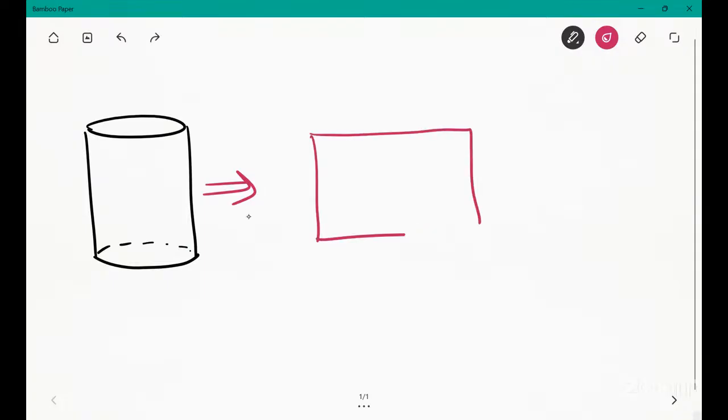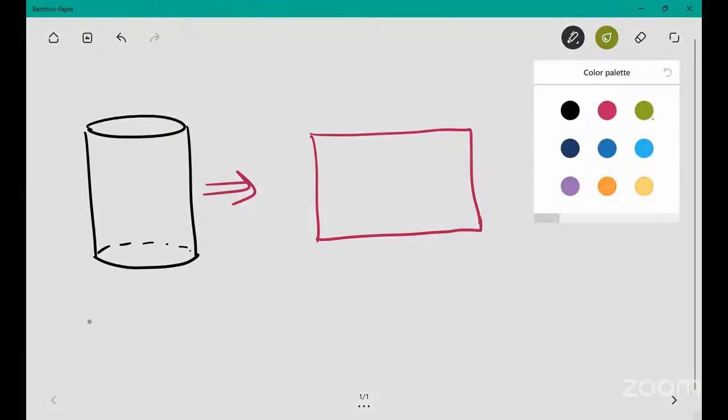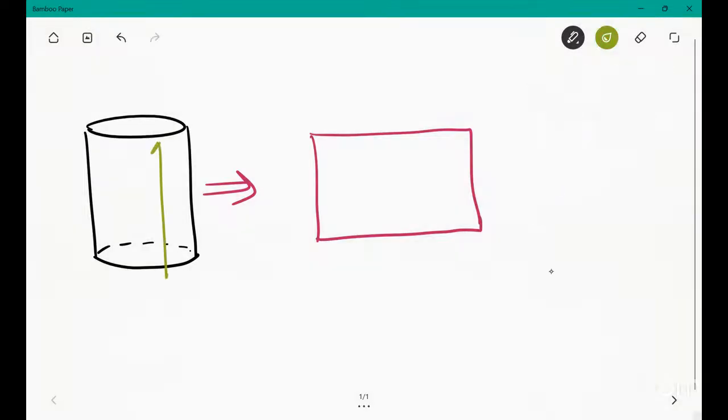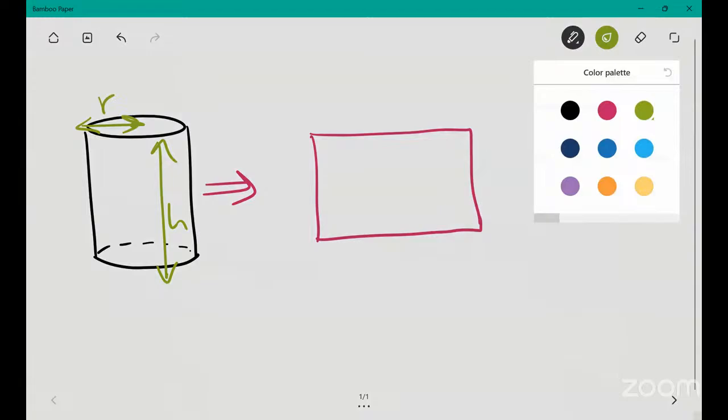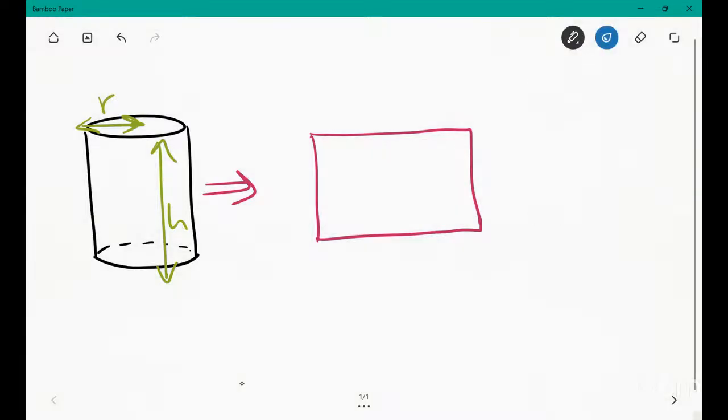So then to get the area of this, if I mark my height as h, and if I have the radius as r, remember the perimeter of a full circle? That's basically the circumference of a circle. What's it going to be? We've already learned it's 2 pi r. So this entire length is 2 pi r.